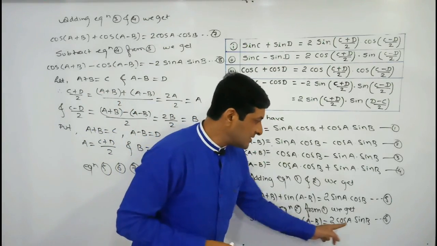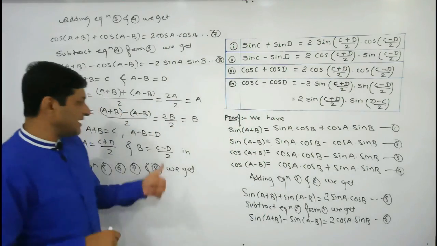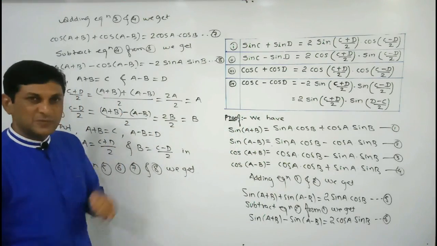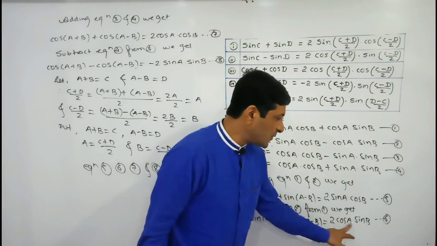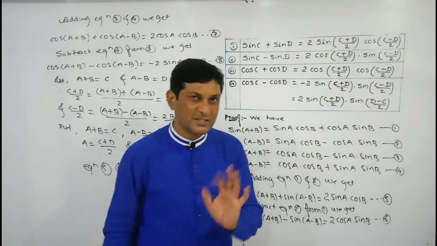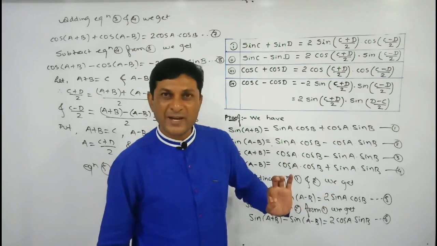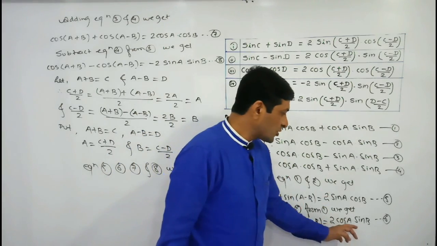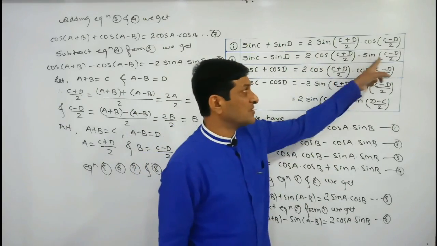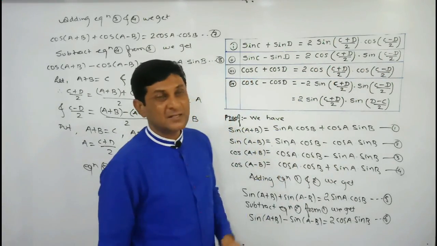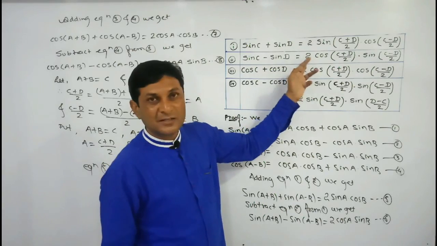To keep it as it is, again A will get replaced by (C plus D) upon 2 and B will get replaced by (C minus D) upon 2. What result are we getting on the right hand side? 2 cos (C plus D) upon 2 into sin (C minus D) upon 2, which is nothing but the required result in formula number 2.